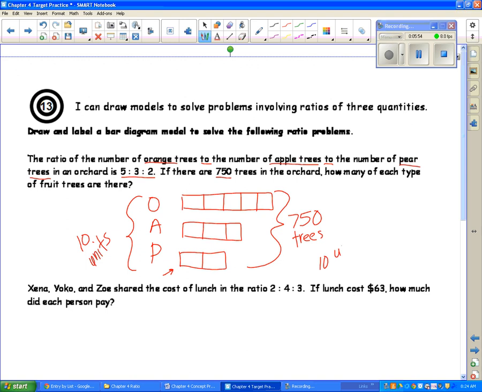So if 10 units equals 750 trees, then 1 unit must be equal to 750 divided by 10, or 75 trees. Well, now I know how many trees are represented by each unit. And that lets me figure out how many there are of each kind of tree.